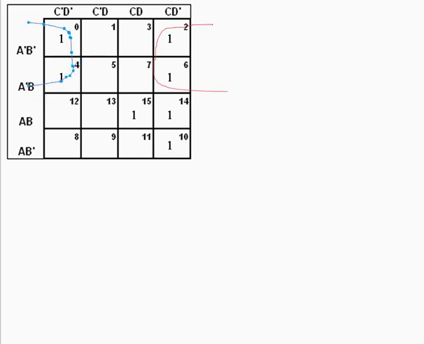All right. So if we do that, we're going to get a term that is going to contain two variables less than the original. So if the original were 4, A, B, C, and D, when you group 2, you eliminate one variable. When you group 4, you eliminate two variables.